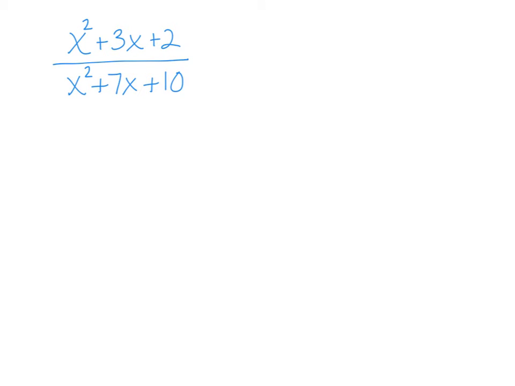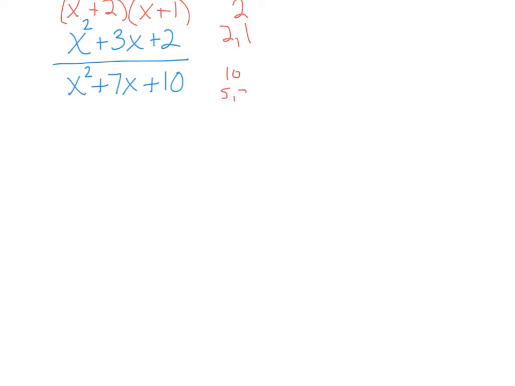So how does the top factor? What multiplies to get 2 that adds to 3? That would be 2 times 1. Usually I'd write it on top, but I don't have a lot of room. So x plus 2 times x plus 1. On the bottom, what multiplies to get 10 that adds up to 7?